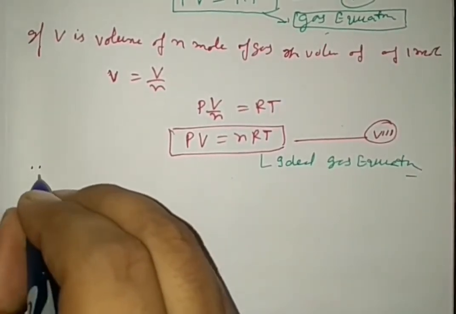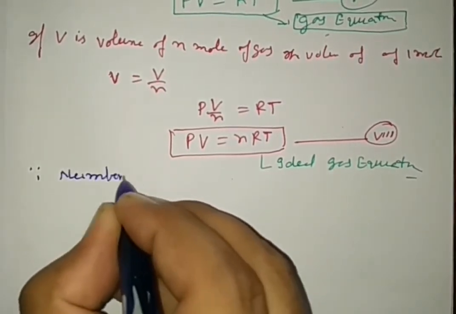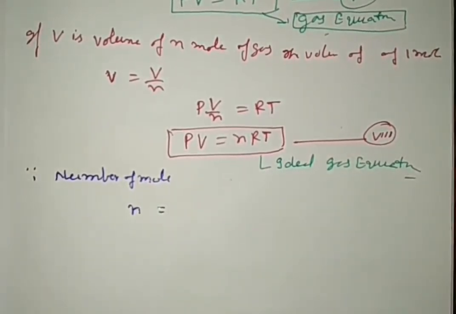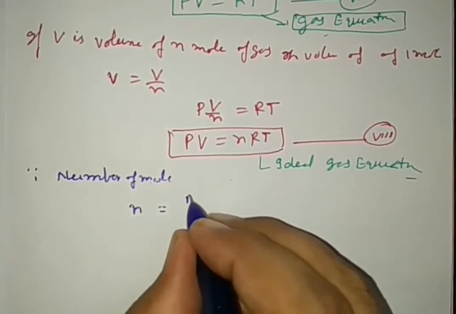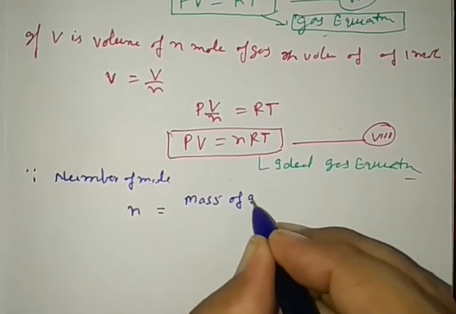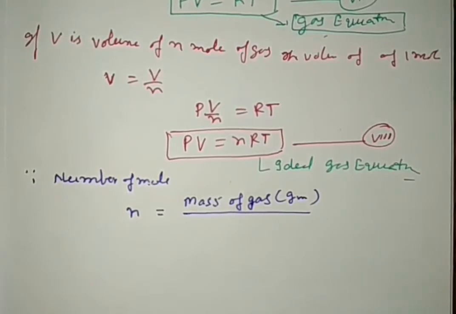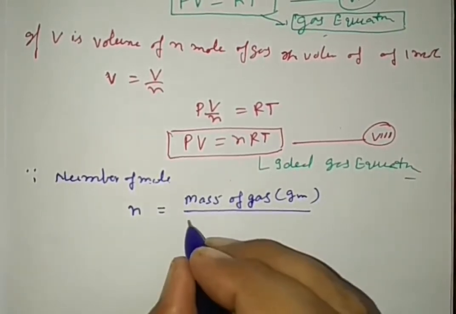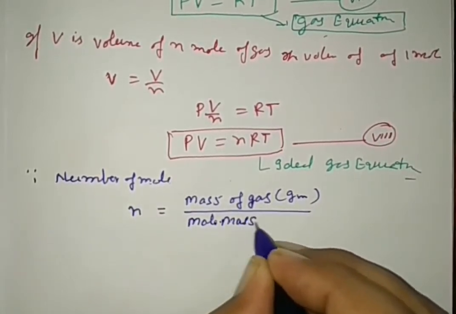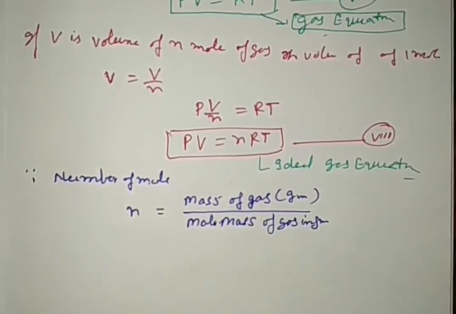Since we know that the number of moles n can be obtained by the formula: mass of gas in gram divided by molecular mass of gas in gram.